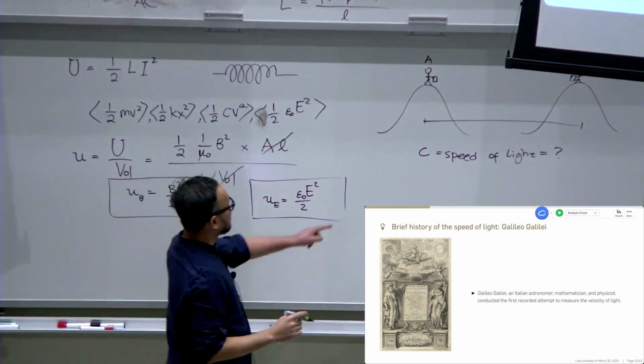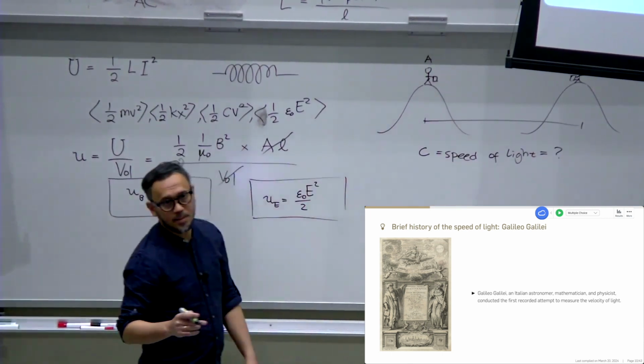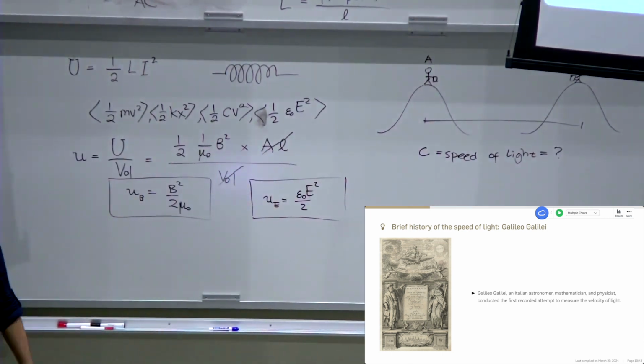You know the distance, and you can measure time. Do you know how they measured time? Any guess? This is before atomic clocks, before the iPhone. They used their heartbeat.